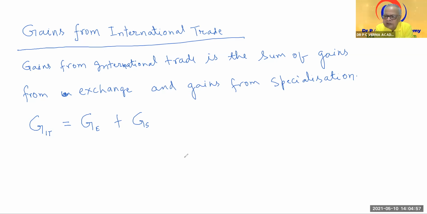When international trade is decided, then in the first case, whatever is available in the domestic market, some portion is exported, some portion is used for domestic consumption. That is known as gains from exchange.